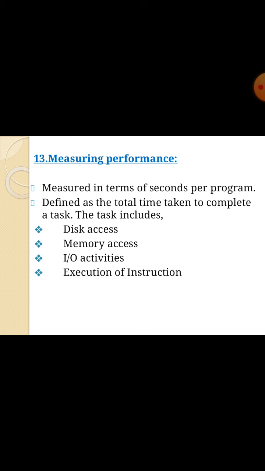Performance is measured in terms of seconds per program. It is defined as the total time taken to complete a task. The task includes, first, disk access; second, memory access; third, input and output activity; fourth, execution of instructions.